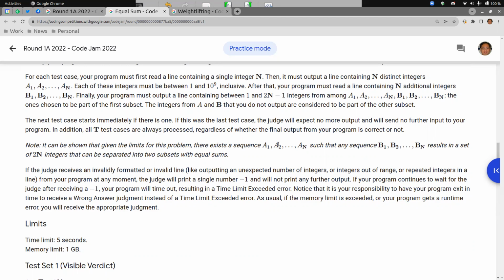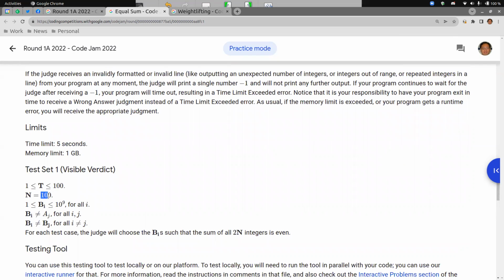Anyway, I don't know if it's any easier even if they give you problems that are always possible, because you still have a bunch of numbers, up to 100 of them. You still have to figure out which subset to choose, because you cannot try all possible subsets. All possible subsets would be 2 to the n, which is way too big. 2 to the 100 is hopeless.